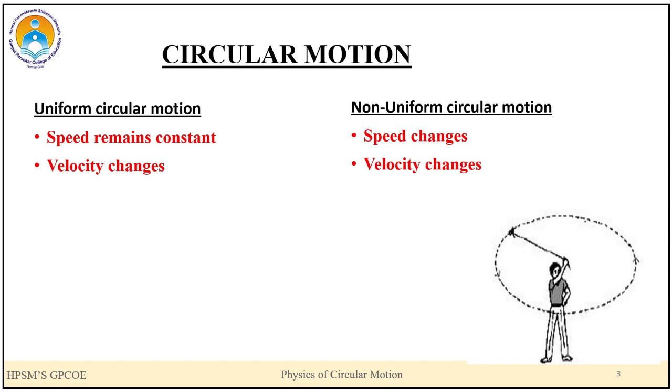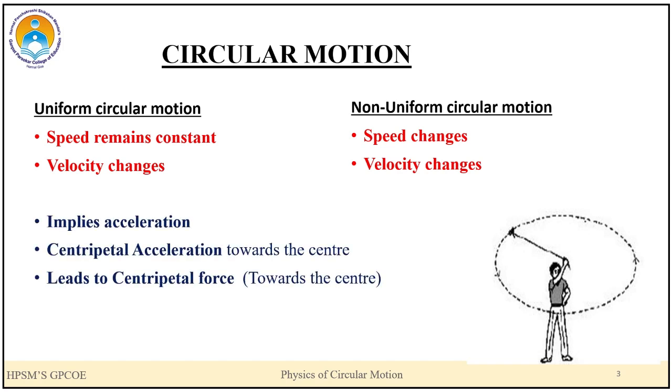In case of uniform circular motion, velocity also changes like in case of non-uniform circular motion. Because in case of uniform circular motion, though the speed remains constant, the direction changes at each and every point. That's why the velocity changes.